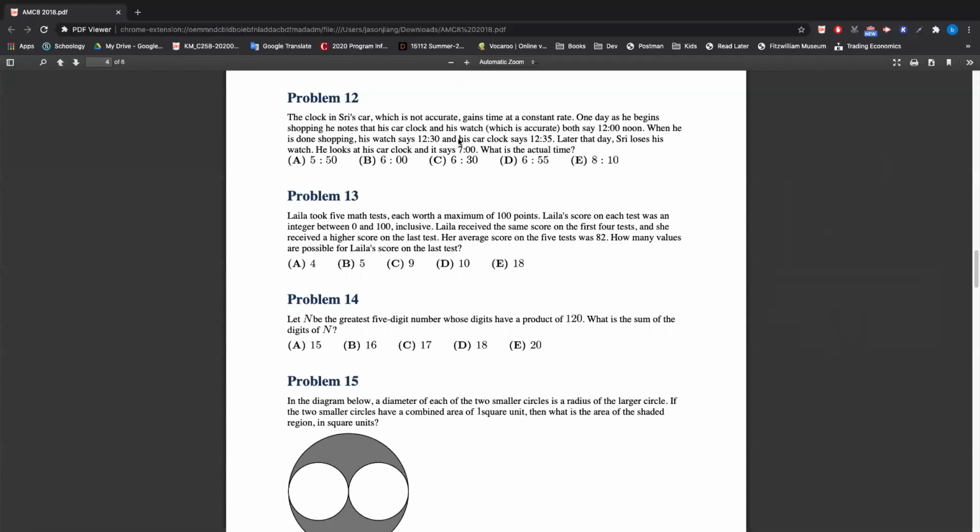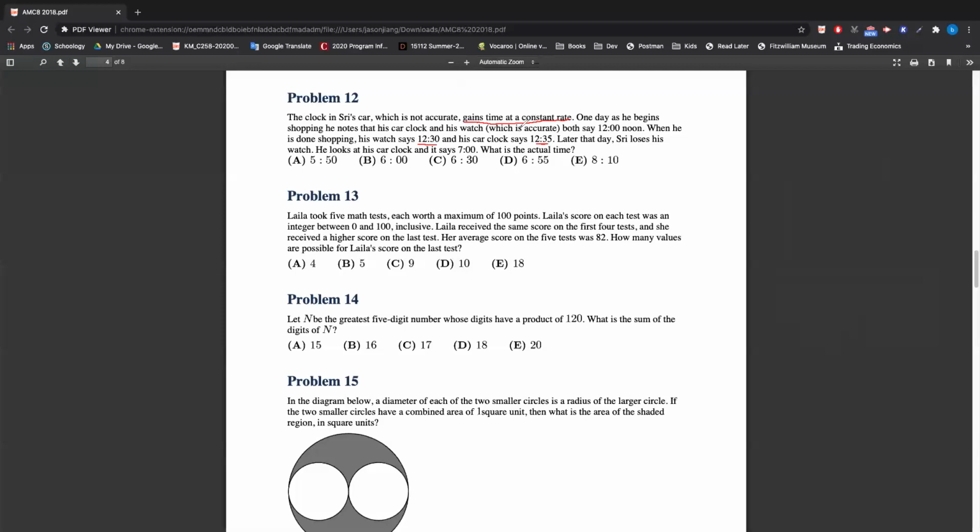So the one key piece of information here is that the clock gains time at a constant rate. So if we can figure out that specific rate, then we'll be able to solve the problem. So we know that it took him 30 minutes to go shopping, but his car clock said it was 12:35. So his car clock thinks it took him 35 minutes, right?